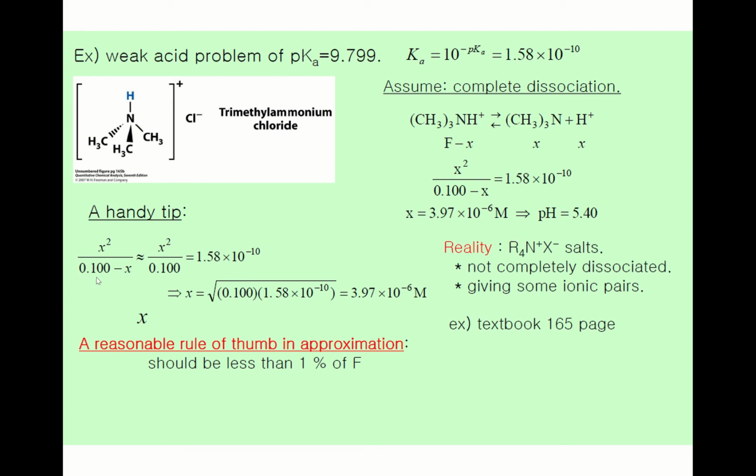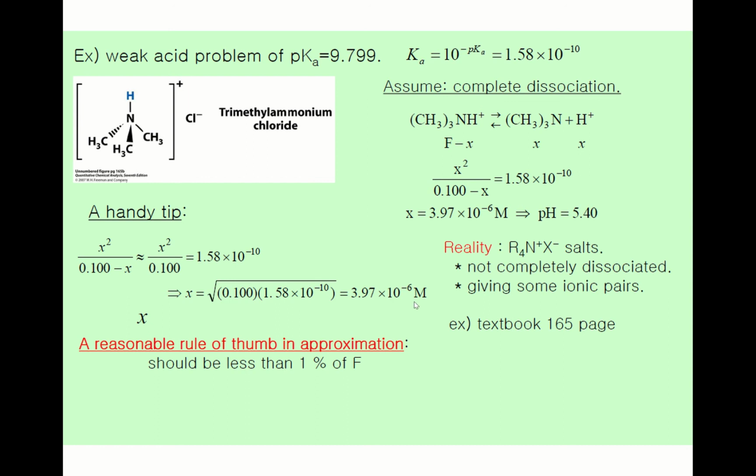Let's look at the denominator, 0.1 minus x. If x is quite small compared to 0.1, then this x can be ignored, and we can very easily solve this equation for x. In this case x is 3.97 times 10 to the minus 6. They are the same value.